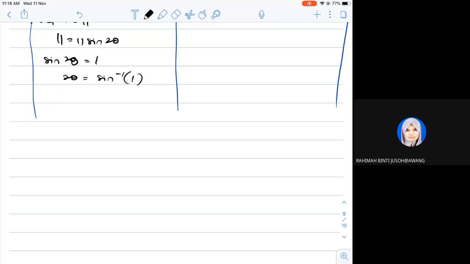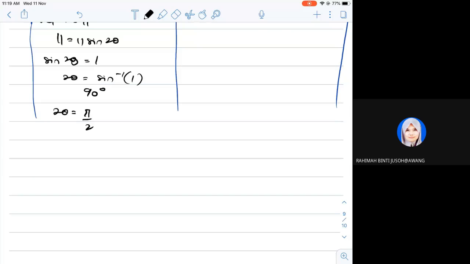So we will have 2 theta. Kalau you tekan calculator, shift sin 1, you will get 90 degrees, right? Tekan tak calculator, shift sin 1, 90 degrees, right? Yes. Okay, 90 degrees is pi over 2. Okay, is pi over 2.